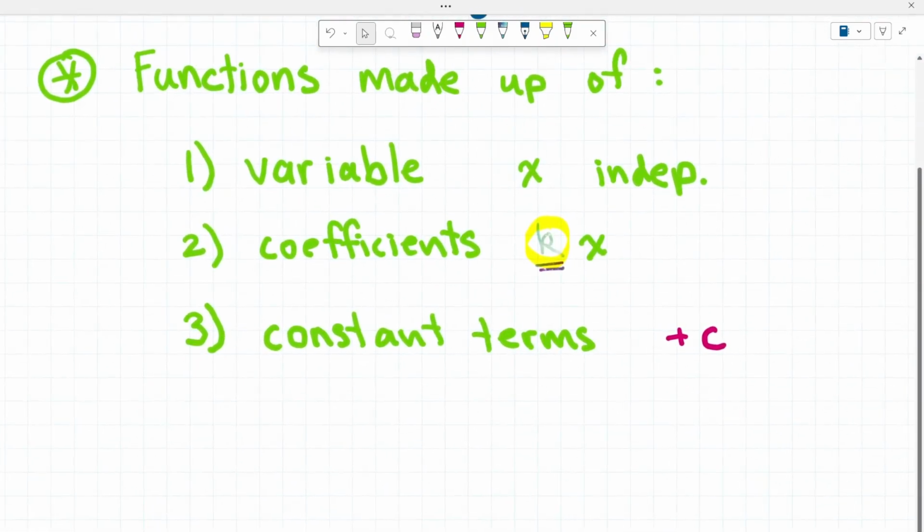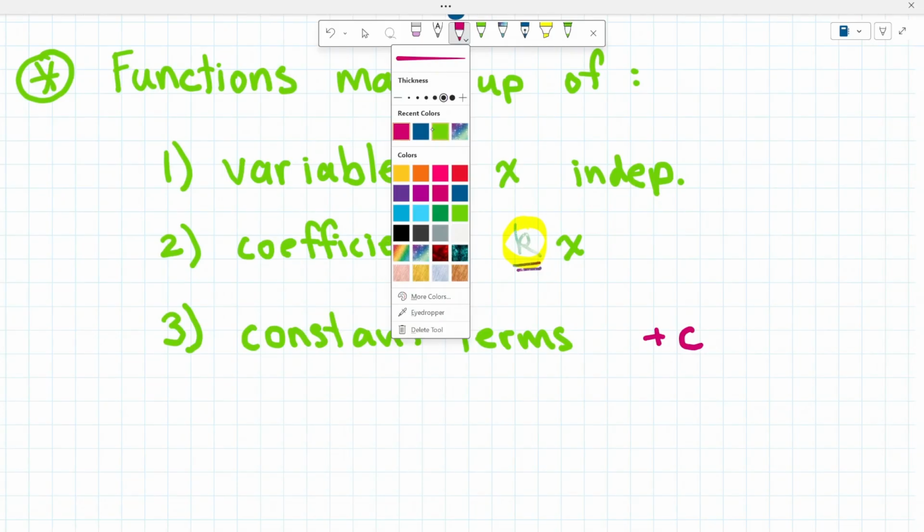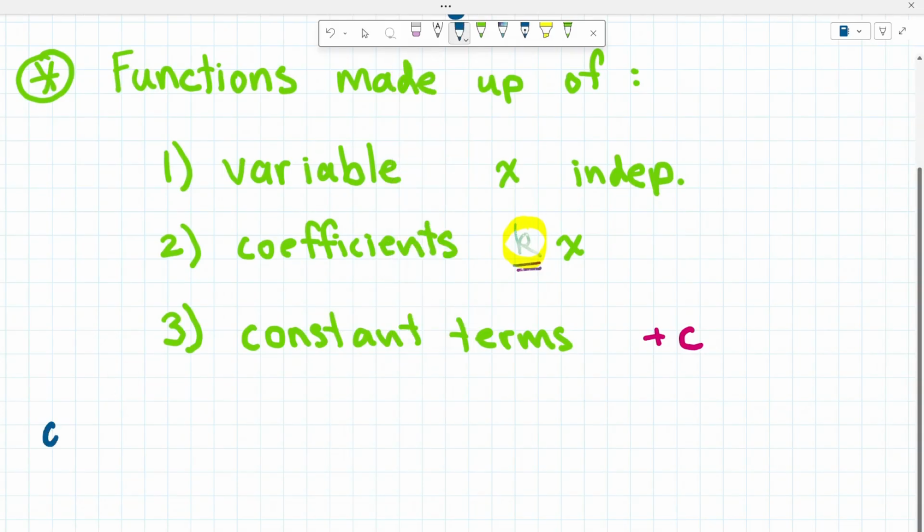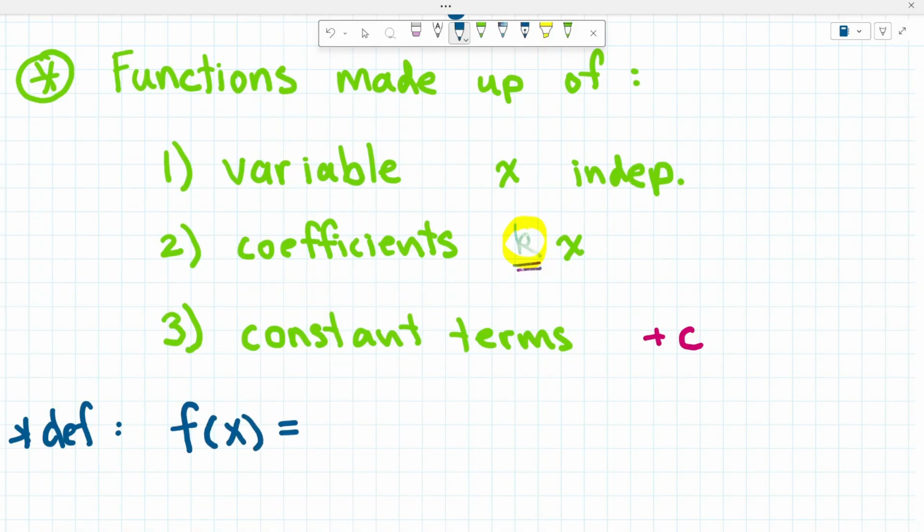So now that we have this generic idea of what polynomials are made up of, let's look at the precise mathematical definition of the polynomial. Let's write that out right over here. So here is the generic form of a polynomial. We can write it in function notation as f of x. This basically means that f is our dependent variable, and x is our independent variable.